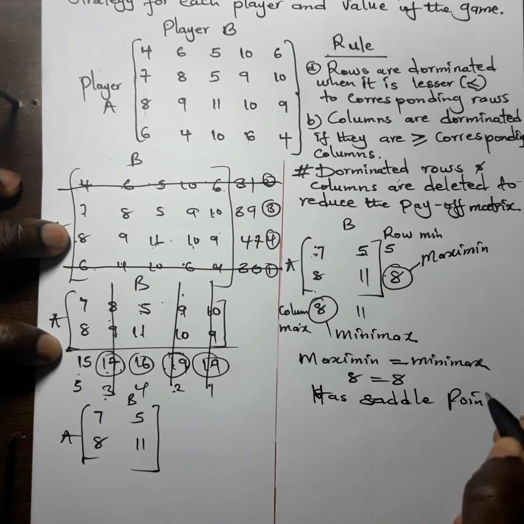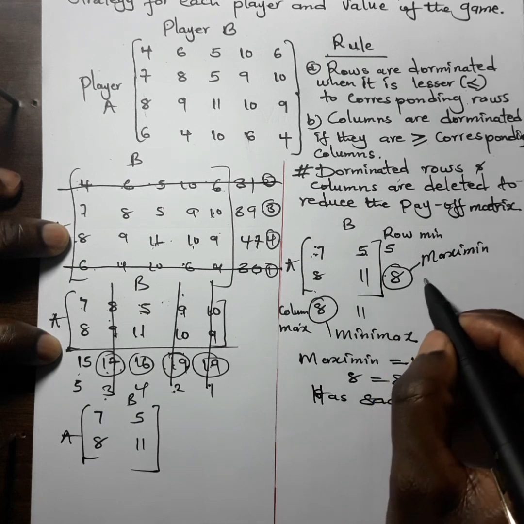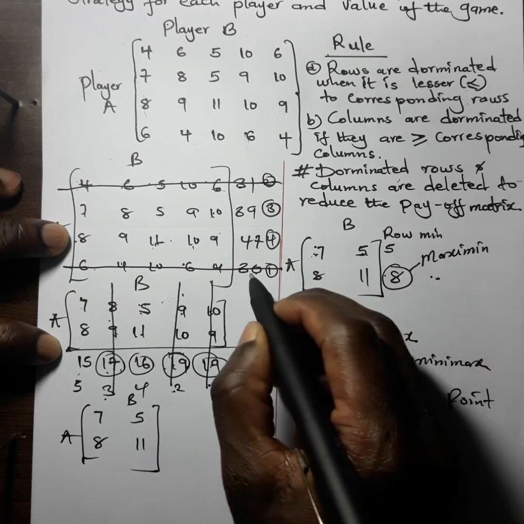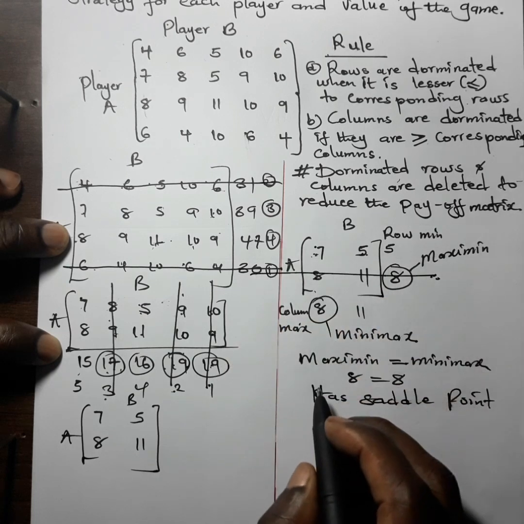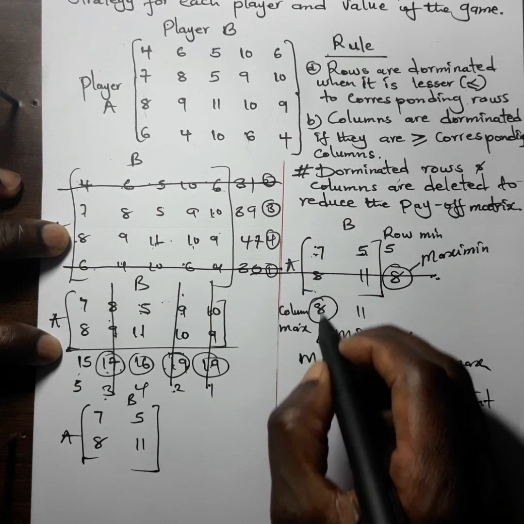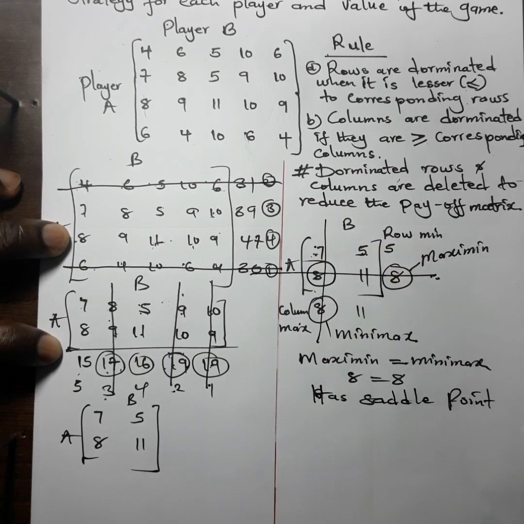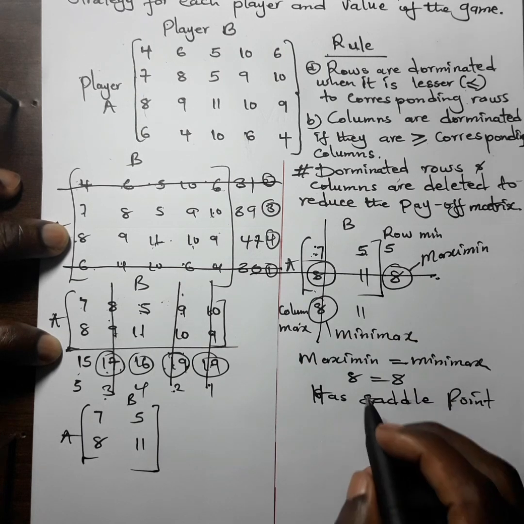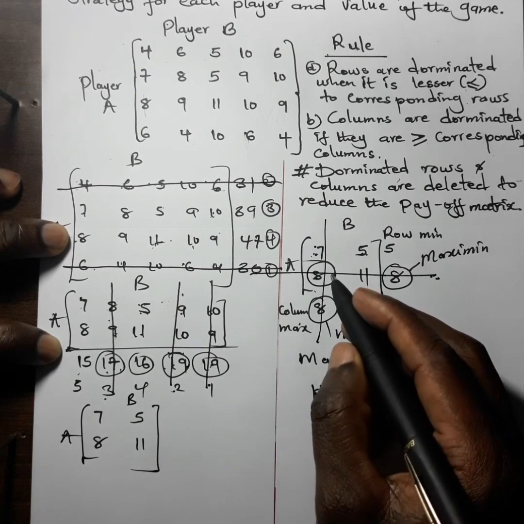The saddle point is the point of intersection of the maximin row and the minimax column. So it is this value here. That value becomes the cell location. That is the saddle point.